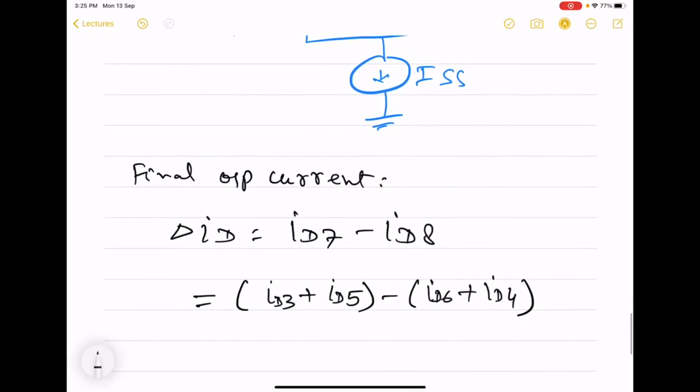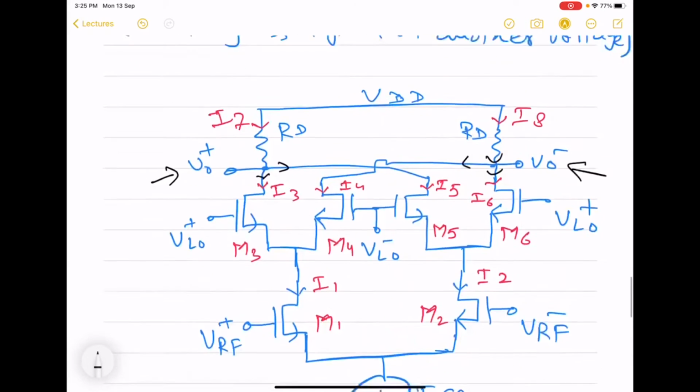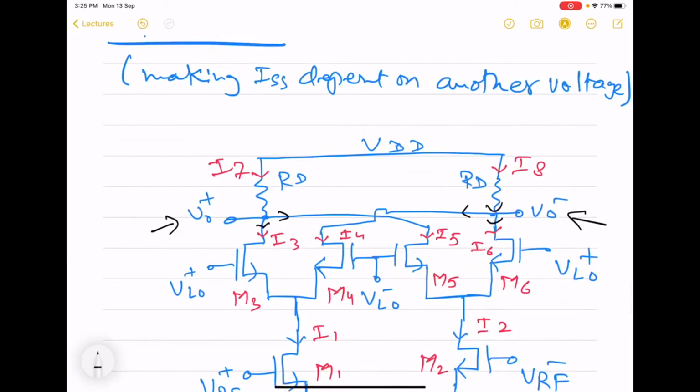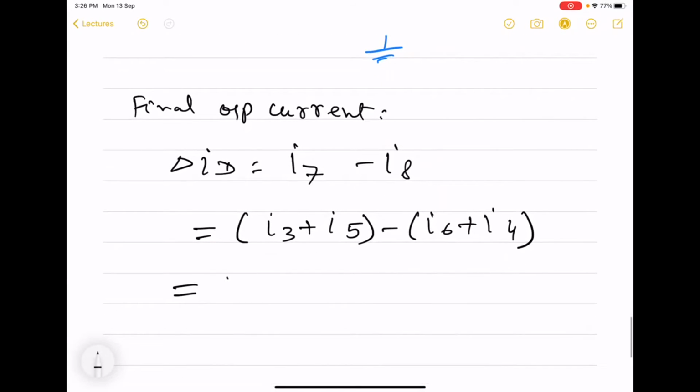Okay, so we have been using different symbol and more compact symbol. So let us use without D here. So now we will rearrange these currents to form difference of current for each of the pair, for this pair, for this pair. So here we will write I3 minus I4.